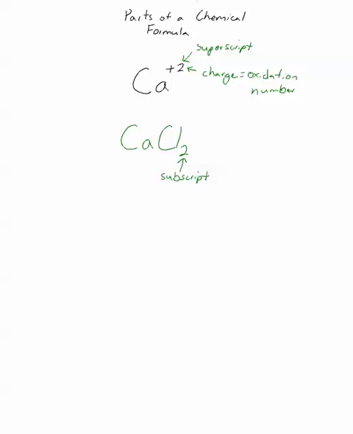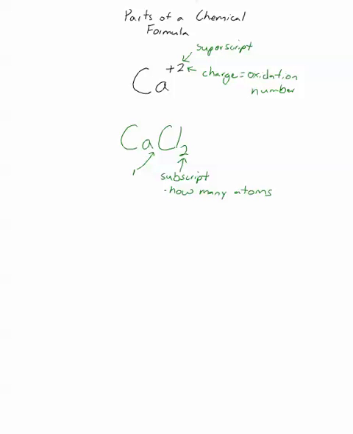Now the subscript, what that stands for is how many atoms you have. So if there is no number below, like on this one, that actually means that there's a 1 there, okay? So if you have CaCl2, that means we have 1 calcium and 2 chlorine.